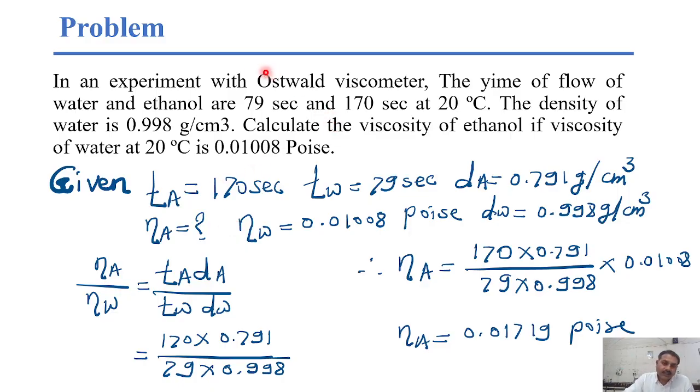In exams, problems related to the Ostwald viscometer are asked. In these, the times of flow of the unknown liquid as well as the known liquid are given, the densities of both liquids are given, and the viscosity of water, the reference liquid, is given. We have to determine the viscosity of an unknown liquid, any organic liquid other than water.